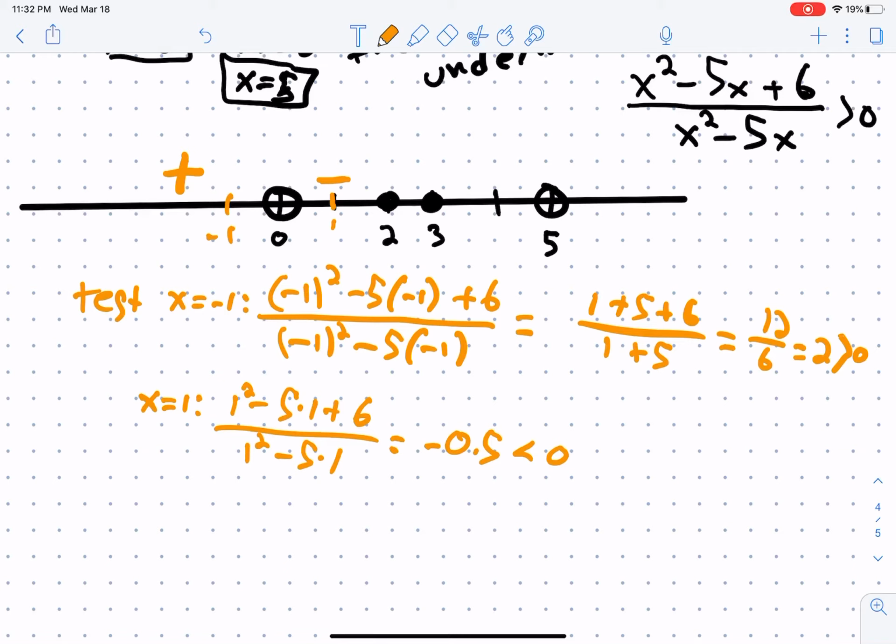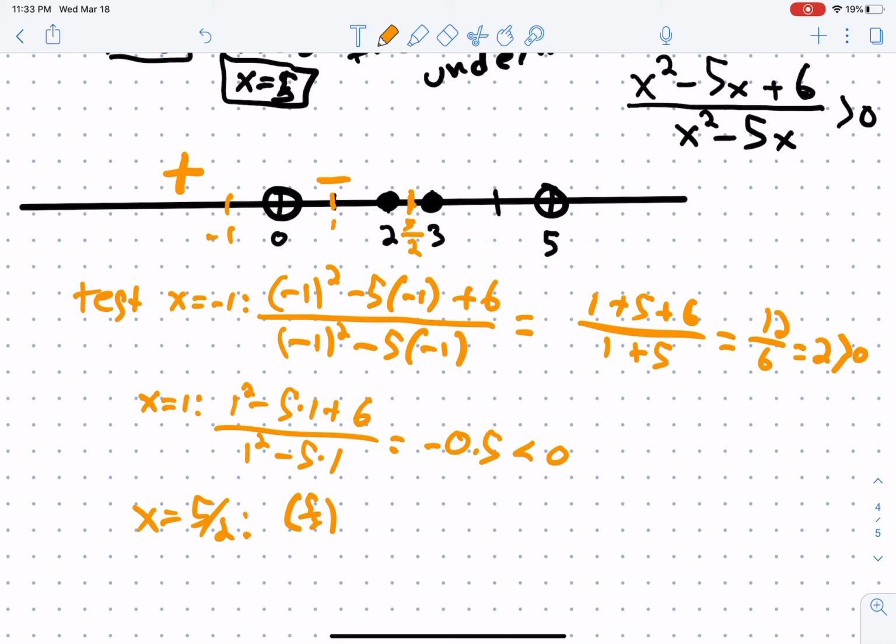Now, let's look at the interval between 2 and 3. There's no nice whole numbers in there, so we're just going to have to choose a fraction. Let's choose the number 2.5, which is the same as 5 halves. So x equals 5 halves. When we plug it in, it looks messy.